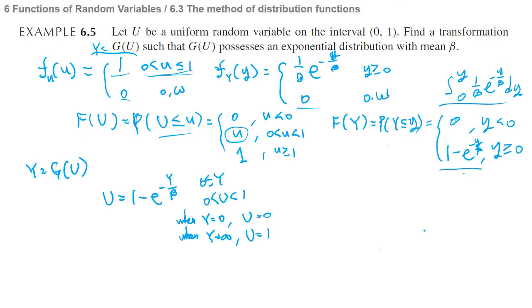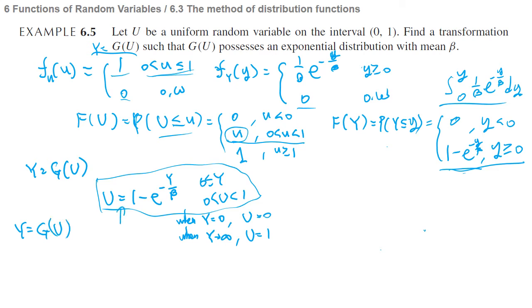So this one is well defined for this situation and that situation. What we want to do is try y equals g of u, so let's take the inverse form of this.